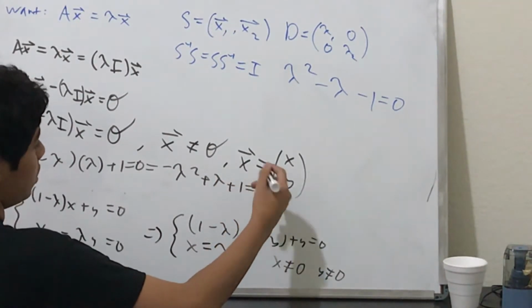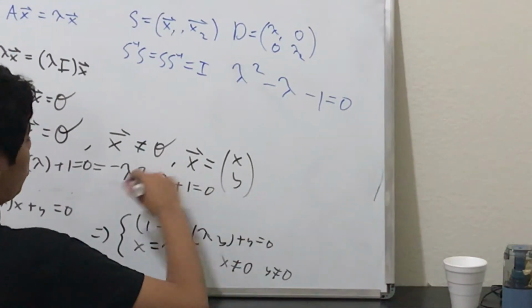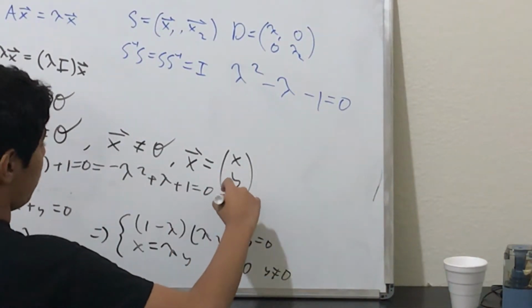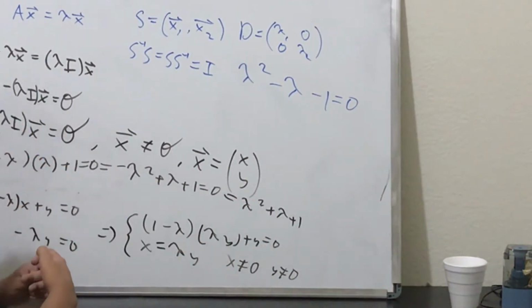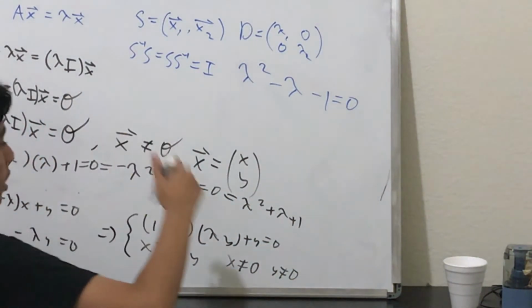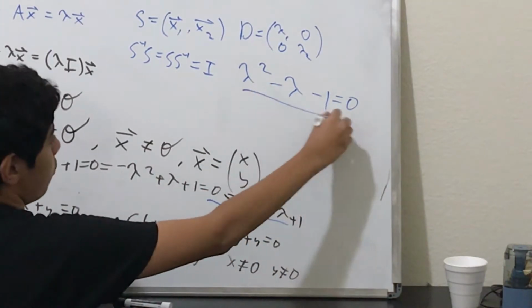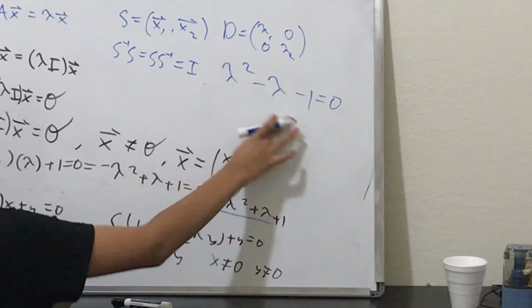Since this is equal to 0, we can multiply by negative 1 on both sides, and we get lambda squared plus lambda plus 1 right here. So we have this and we have this, which means that this is true.